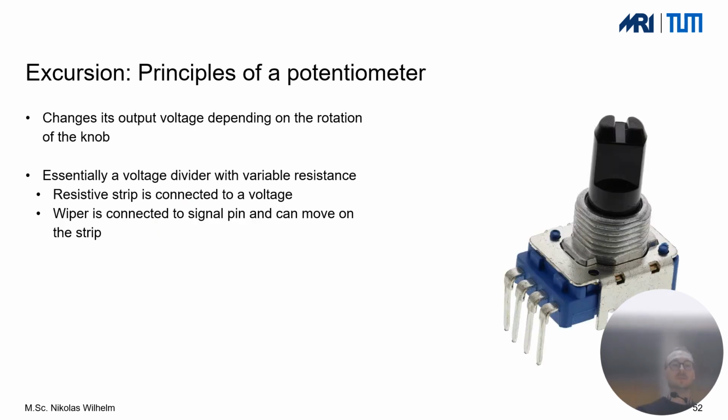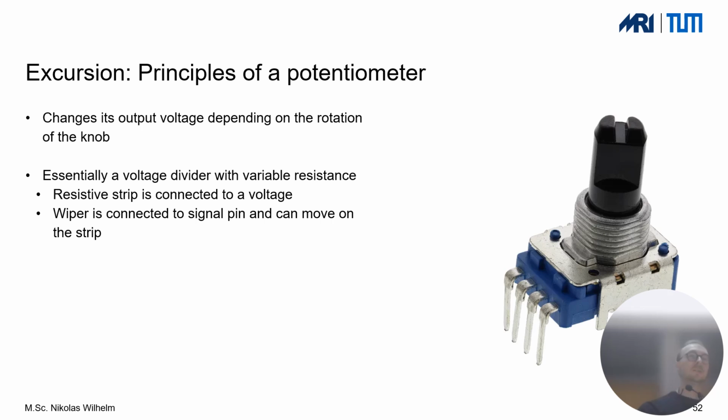So just to give you some more intuition about how these sensors generally work, we can look at a general potentiometer. In the end, the output you will get is the angle of that respective potentiometer. How is that one positioned?